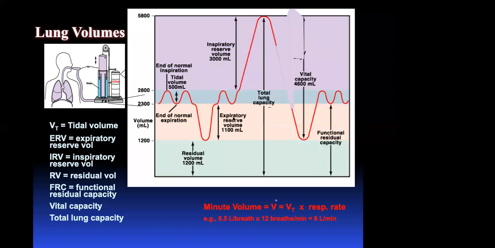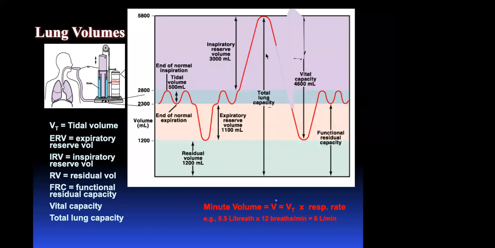If you're exercising at peak level, your tidal volume theoretically could be as big as vital capacity. You can move almost 4.6 liters in and out of the lungs. So we have a large physiological reserve. We are healthy as long as that reserve is not breached.